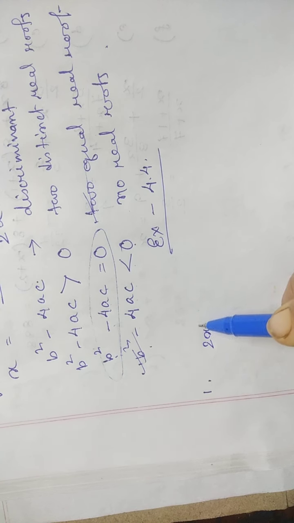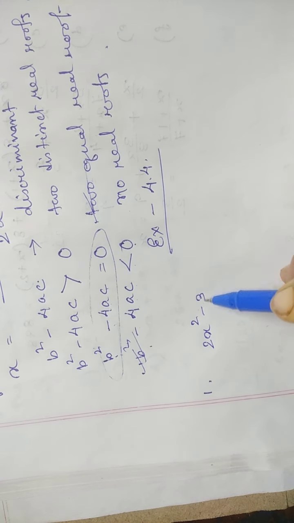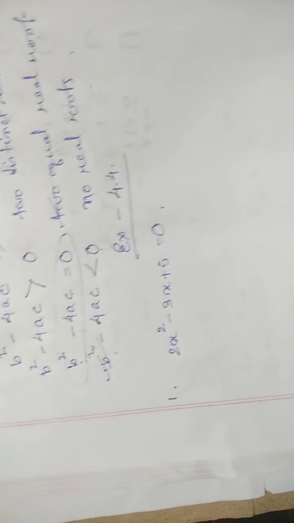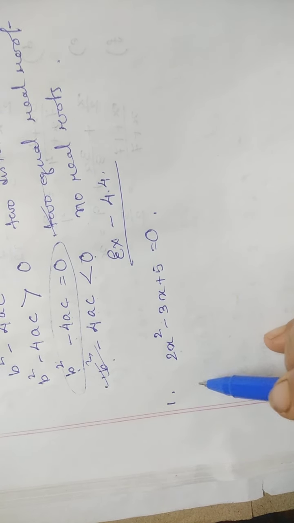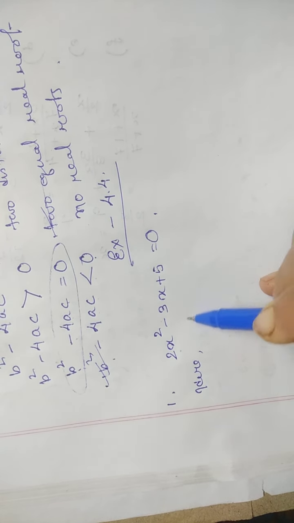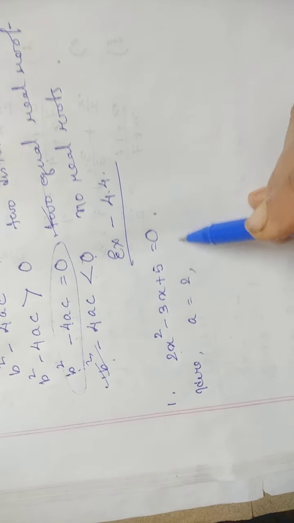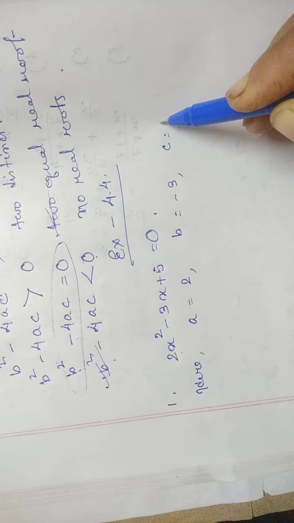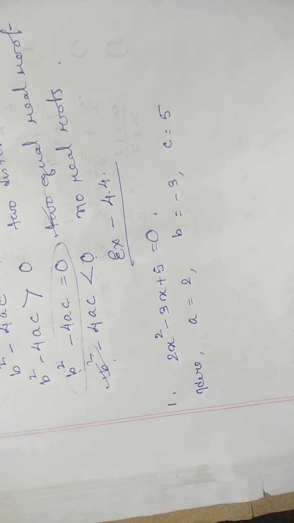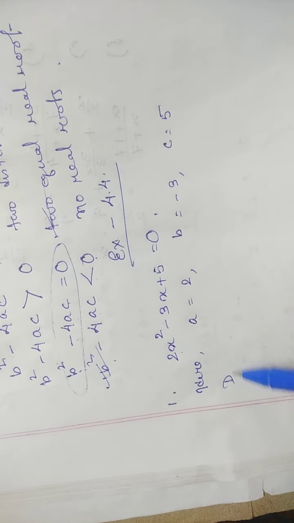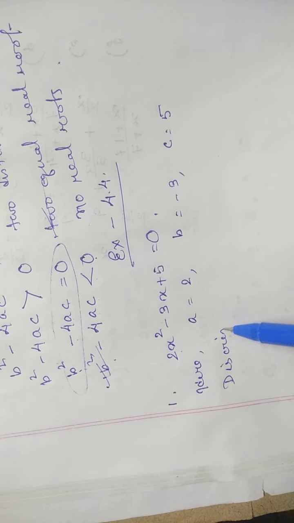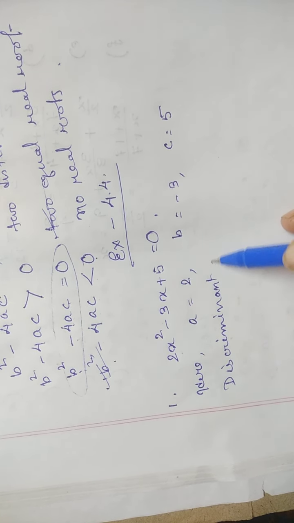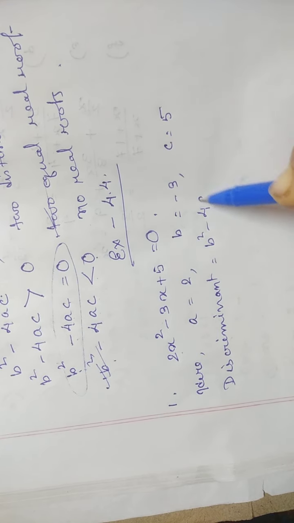First one is given, twice x square minus thrice x plus 5 equal to 0. Clear? So in this case, what is a? Here a equal to 2, b equal to minus 3, and c equal to 5. Okay? So now you can find the discriminant, that is b square minus 4ac.